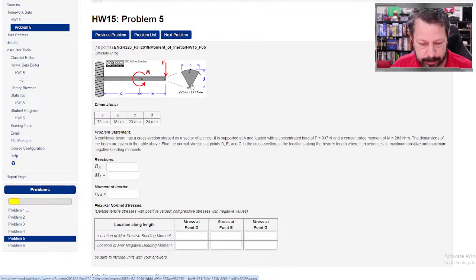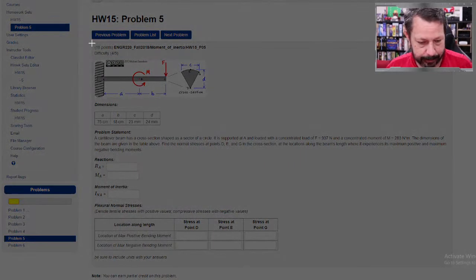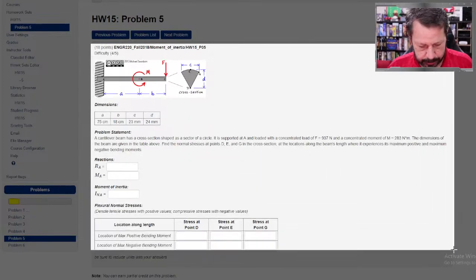Not a big deal at all. It's the cross section on this one that gives you most of the trouble. So let's see if we can get the moment of inertia for the little cross section, then we probably have solved all of your issues. I don't know if I can remember all of it or not, but we'll see. Let's just copy this whole thing.